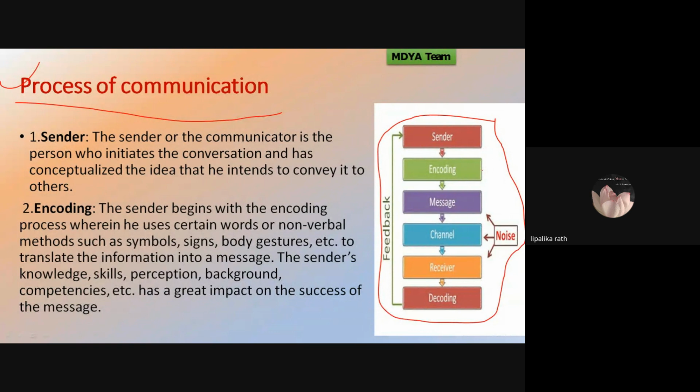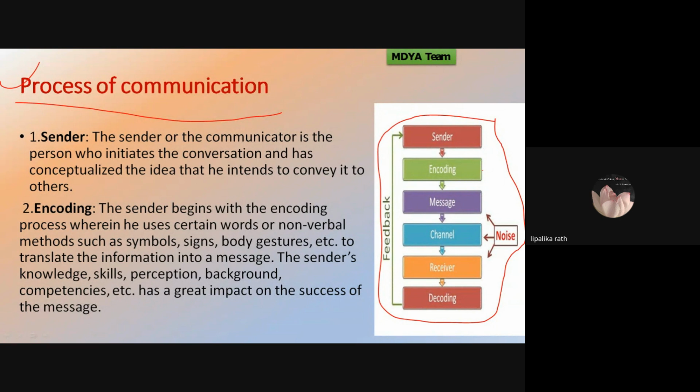Then he should use any medium which will help to pass this message from sender to receiver.